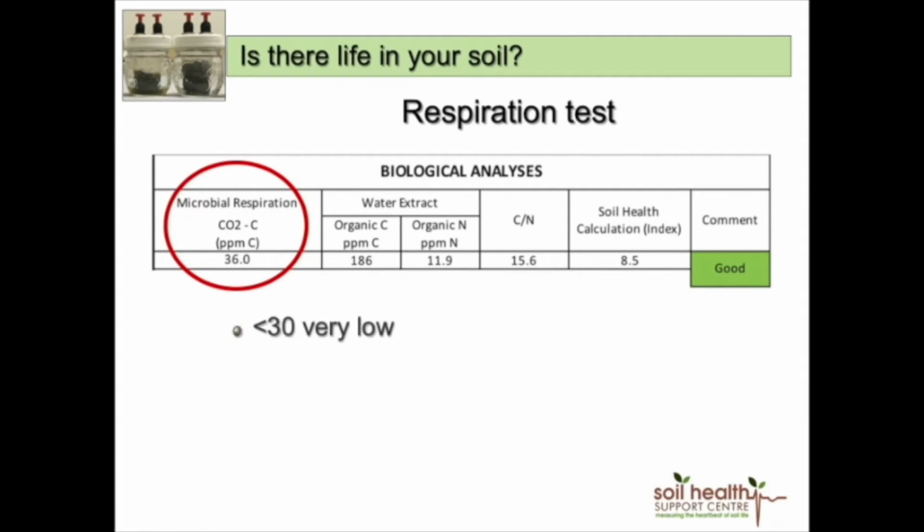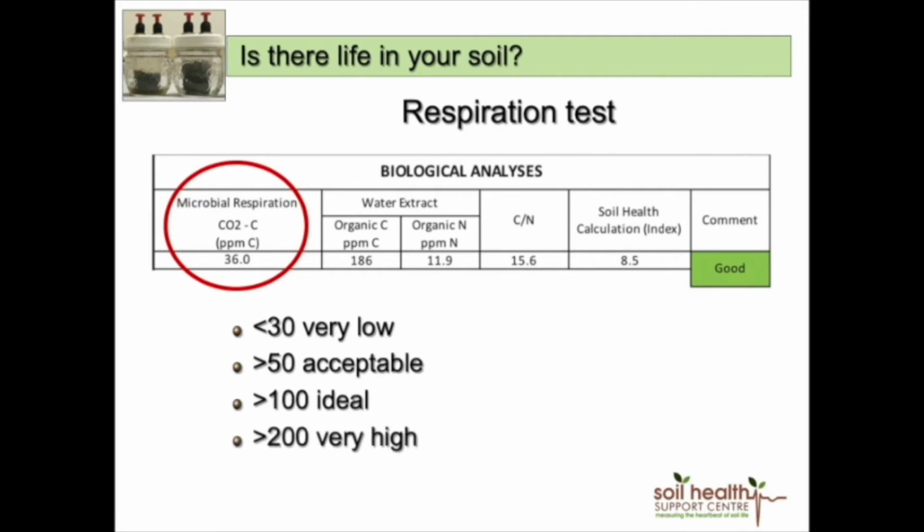Degraded soils will give a reading below 30 parts per million. Agricultural soils where soil health principles have been applied for a few seasons will give readings between 70 and 120, and we get soils that measure far over 300. And different soil types give different results, so it's important to know what to expect and to take baseline samples to know how you are improving.